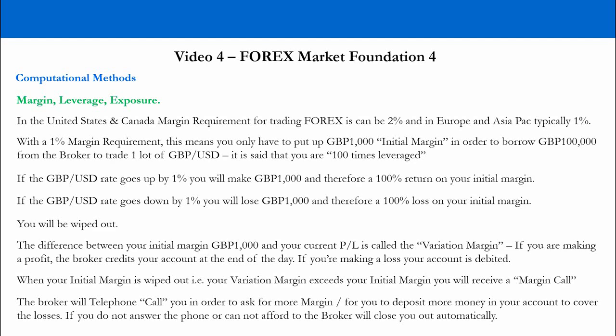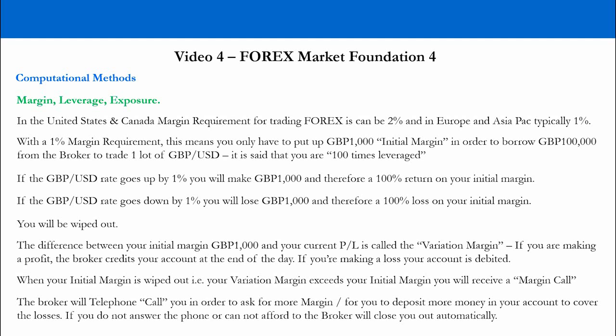And we looked at an example like this earlier with a 1% margin requirement. This just means you're only going to have to put up, say in the United Kingdom, £1,000 initial margin in order to borrow £100,000 from the broker to trade one lot of sterling US dollar, or cable. And basically what you've ended up becoming is 100 times leveraged.